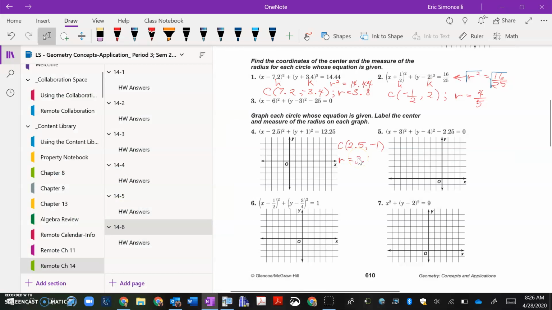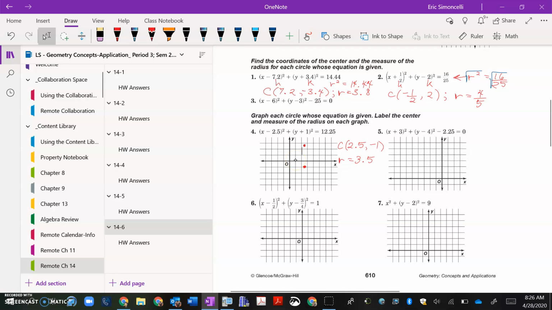So that's the radius value that I'll be going up, down, left, and right, in all directions, from the center. So 2.5 comma -1, let's plot that first. It'll be roughly here. All right, and then if we're going to go up, down, left, and right 3.5, that puts me 1, 2, 3.5 here.